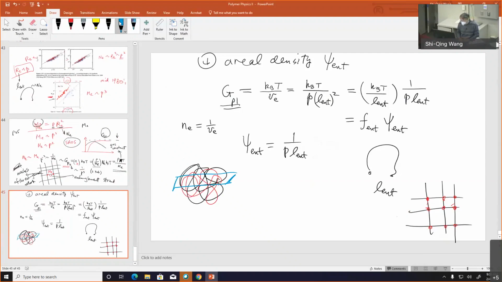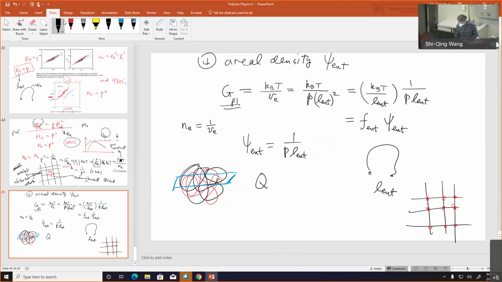If you section it, you're asking yourself how many chains are coming across this section. Well, that's very easy to figure out. How many chains are coming out?